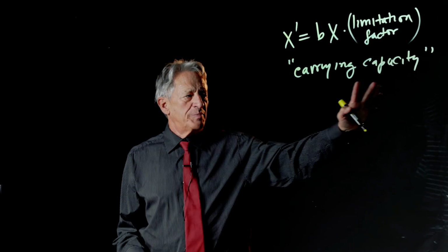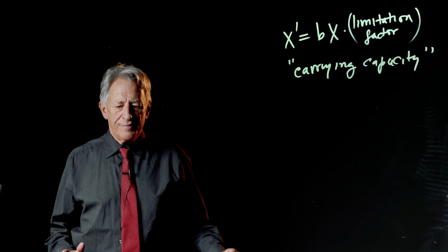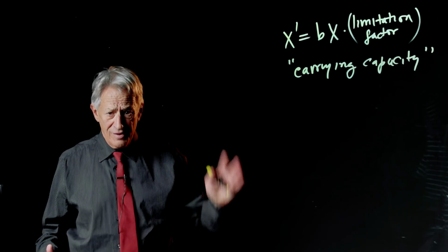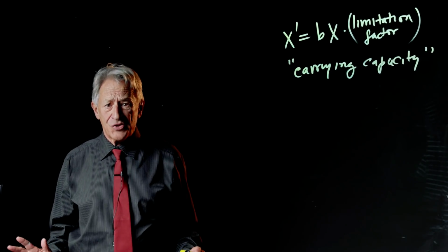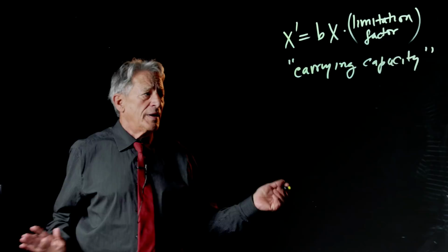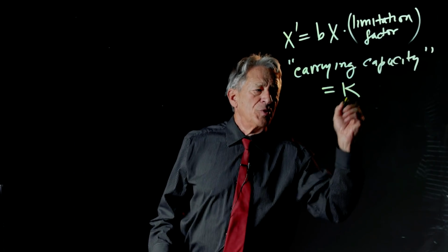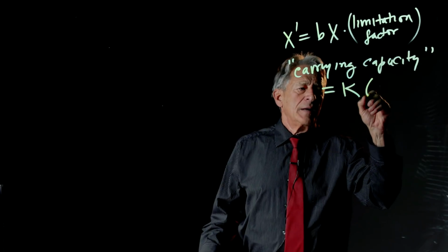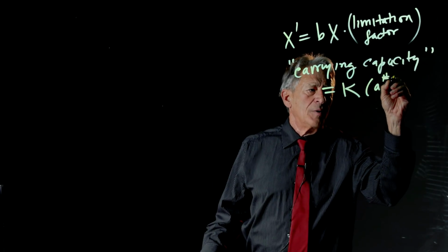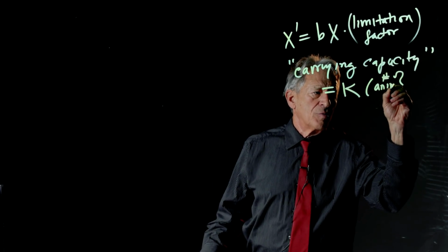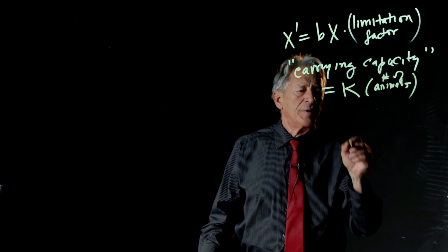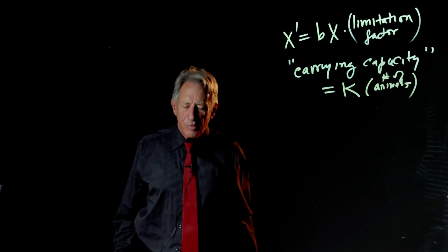The carrying capacity is the number of animals that the environment can support. And we're going to assume here that that's just some number k, and k is going to be a number of animals, a number of rabbits in this case, that the environment can support.